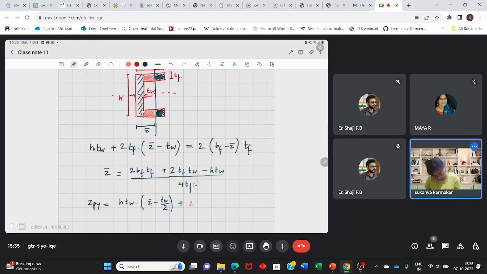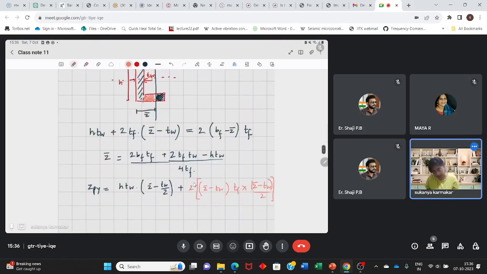Then the area, z bar minus tw into tf, into its centroidal distance. What will be the centroidal distance? It will be z bar minus tw, half of that.